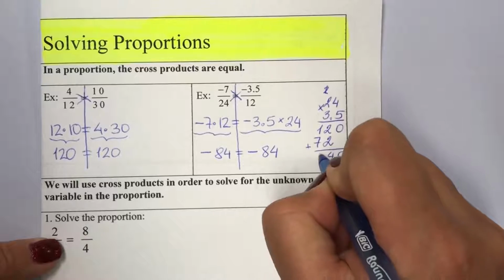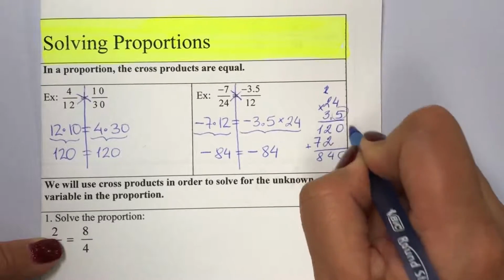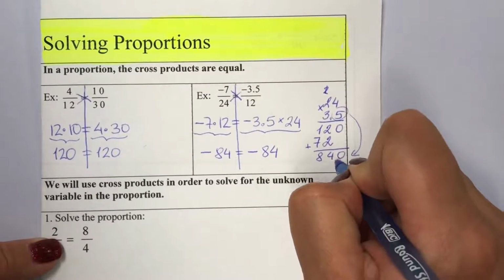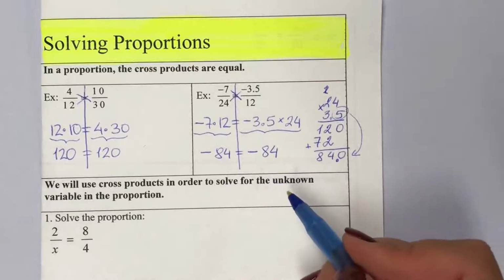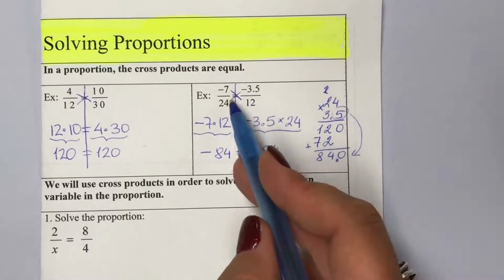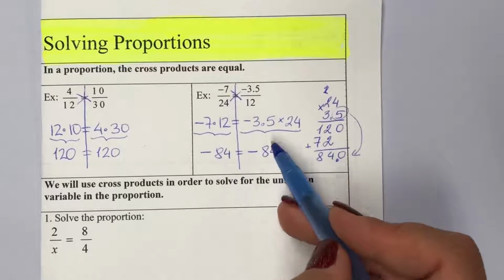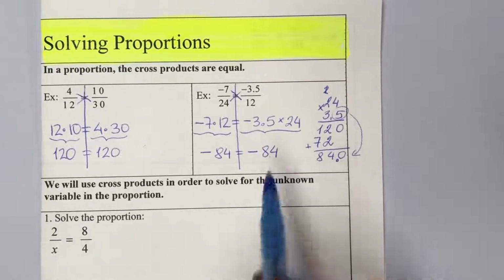Add and place the decimal, and that is 84 as well. Negative times positive, -84. So the multiplication of the numbers across is equal to each other.